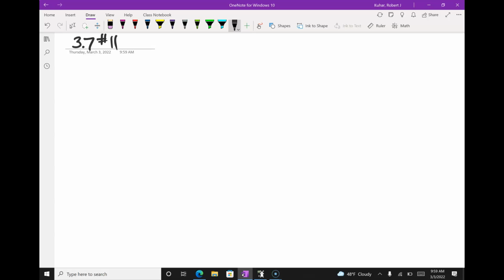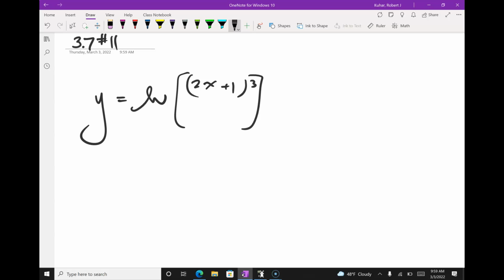Godzilla. Y equals the ln of a fraction, 2x plus 1 quantity cubed over 3x minus 1 quantity to the fourth. Well, if I do this derivative the way that I just taught you, it's absolute hell.